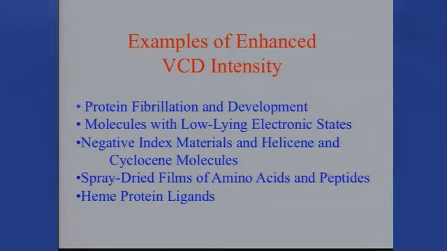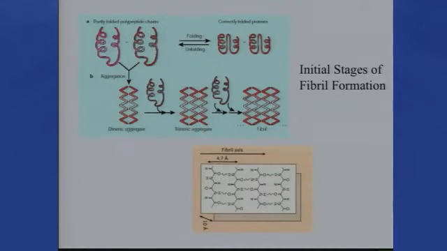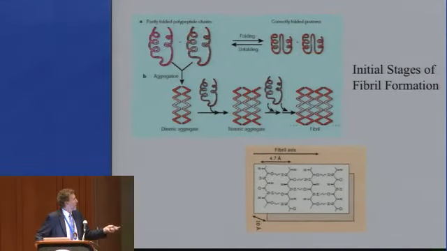And I'm going to close with just a section on enhanced VCD. There's many different ways to enhance VCD, but the one I'm going to pick is the one on protein fibrillization and development. You may know that fibrils form from proteins when they're destabilized and form a long beta sheet chain where the strands are perpendicular to the growth of the fibril axis.